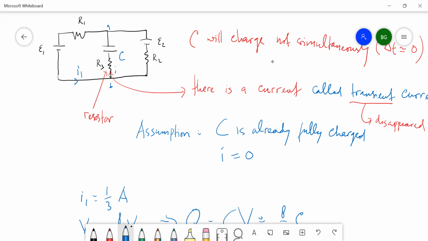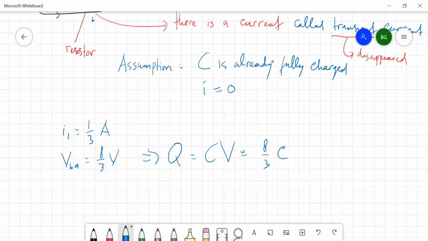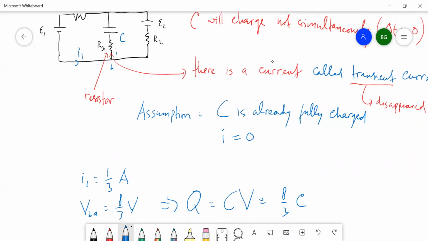Okay, anything else? Any question? Sorry, sir. So does it mean that the resistor R3 doesn't affect anything in the calculation? Yeah, because the potential difference across a resistor arises only if we have non-zero current.